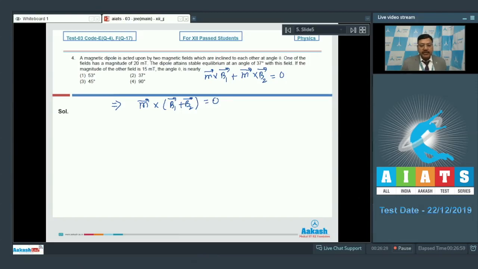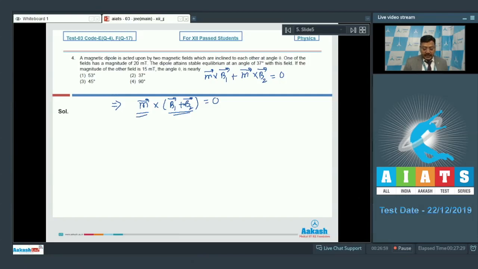Well, we know that B1 and B2 are non-zero and they are not equal in magnitude. So it clearly means that the resultant of B1 and B2 is either along vector M or opposite to vector M. The angle between this vector and this vector could either be 0 or 180 degree, because it's clear that vector B1 plus B2 cannot be 0 because their magnitudes are different.